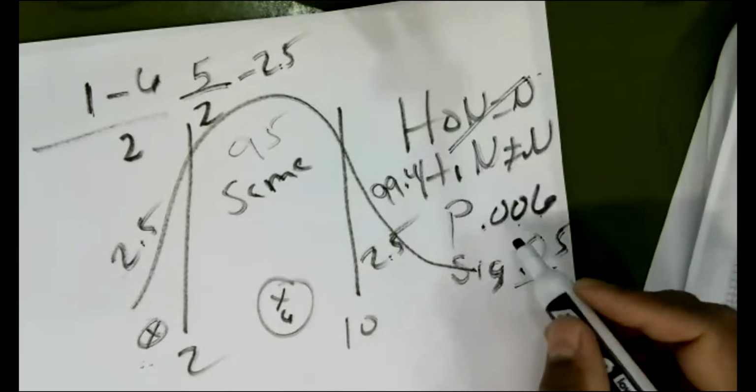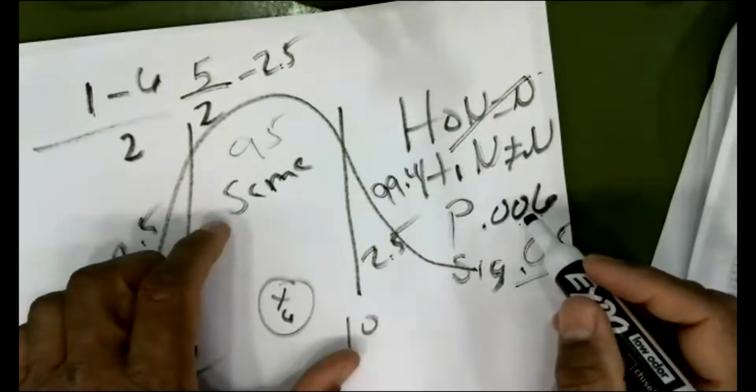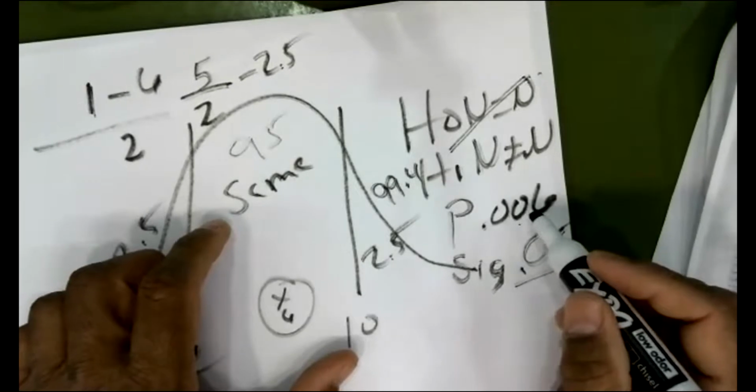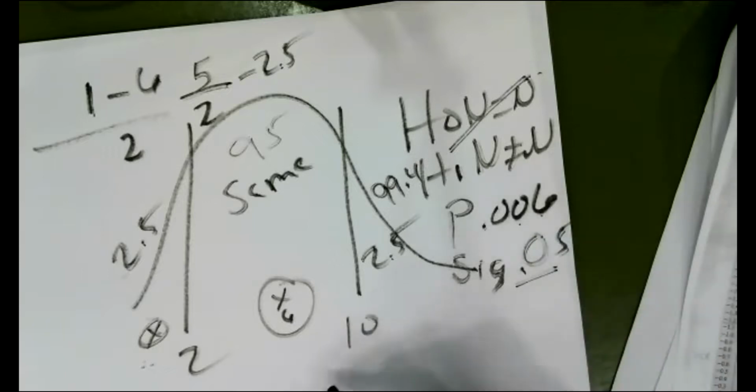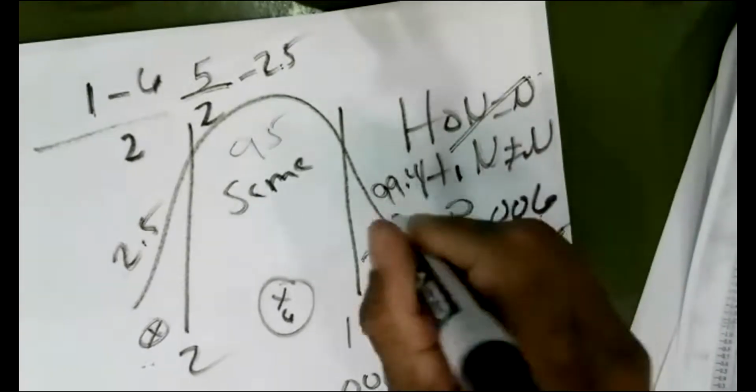How'd I get that number? I'm not 95% confident. My actual confidence is 99.4. So if I have 100, 100 minus 0.006, right? That's my confidence.